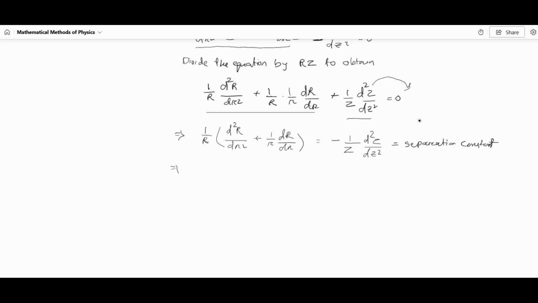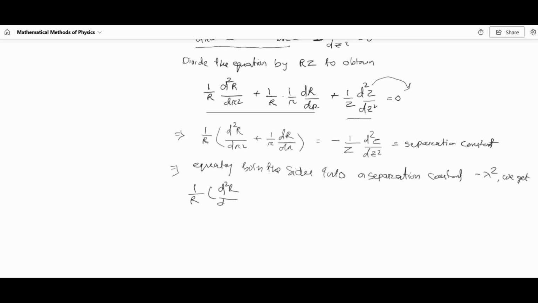So equating both the sides to a separation constant minus lambda square, we get 1 by r d2r by dr square plus 1 by r dr by dr is equal to minus lambda square and minus 1 by z d2z by dz square is equal to minus lambda square.